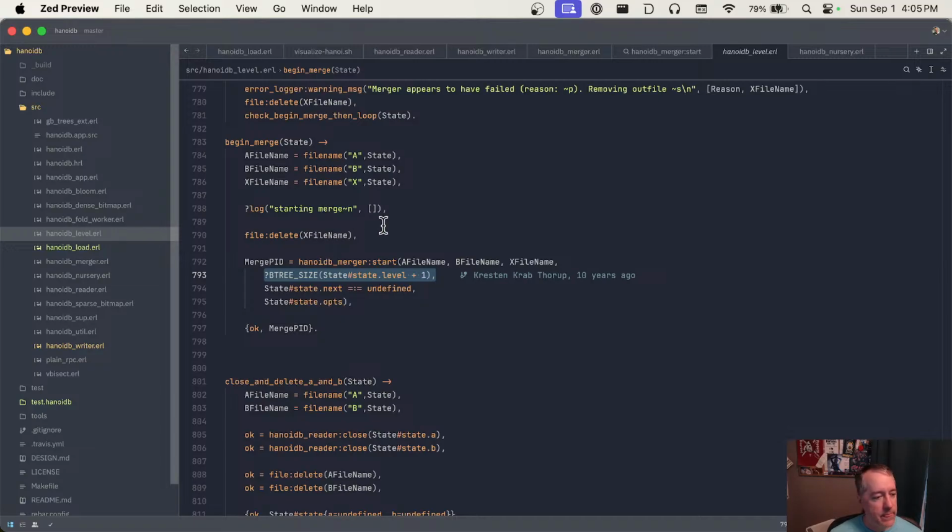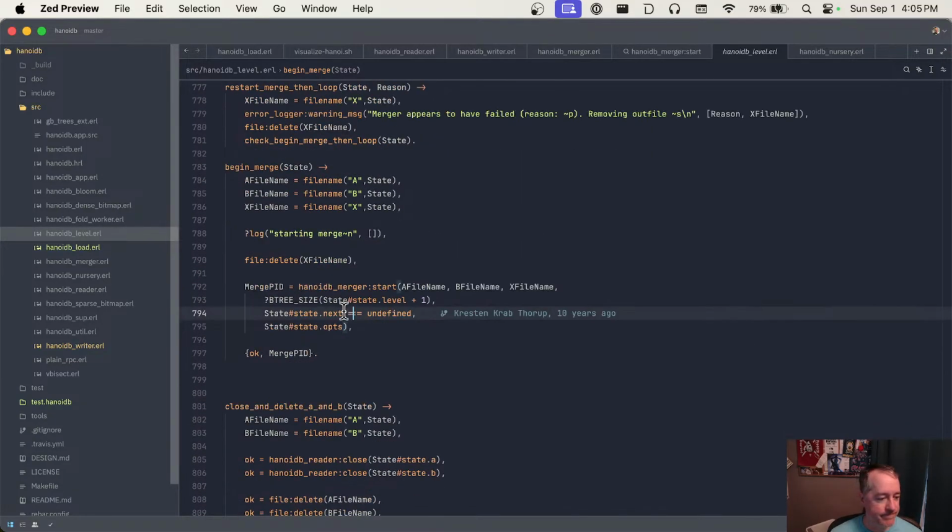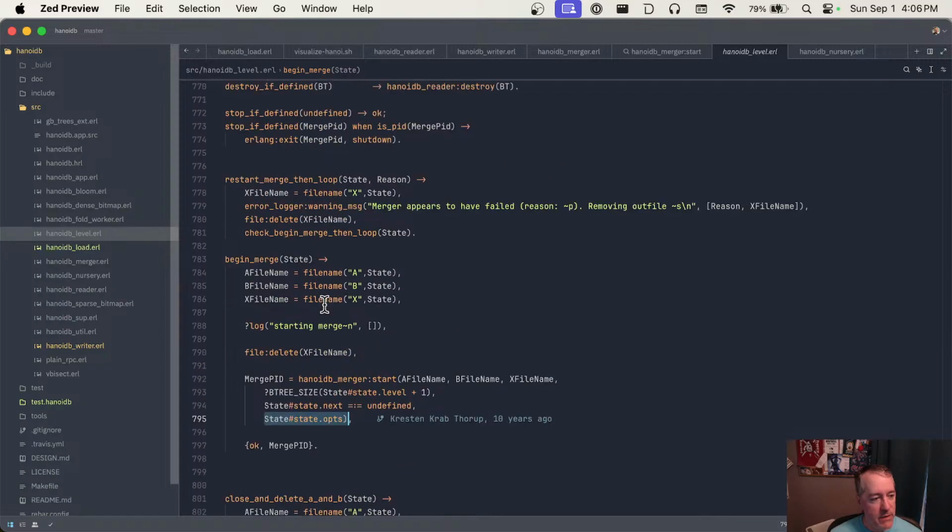Okay. And okay, and this is about, so the levels are almost like a, is this the last level? So if there's no level greater than it, and then there's, you know, whatever those options are.